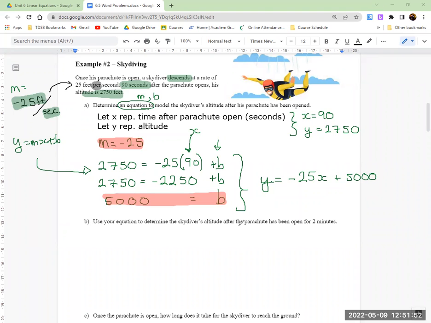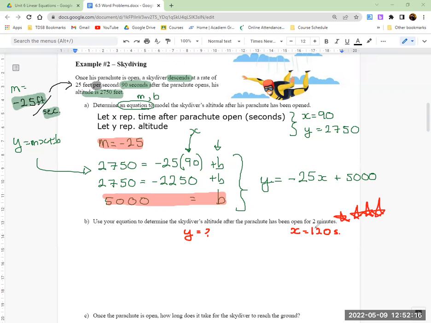Use your equation to determine the skydiver's altitude after the parachute has been open for 2 minutes. And remember, we've been defining the time as seconds. So convert it. 2 minutes equals 120 seconds. Super important. Put little stars next to it, right?